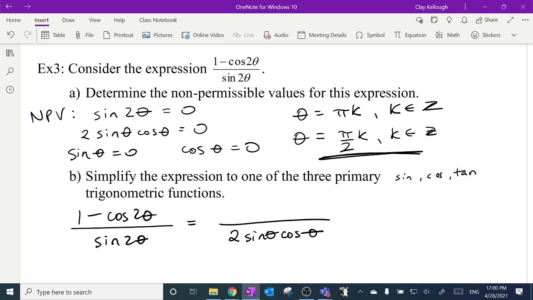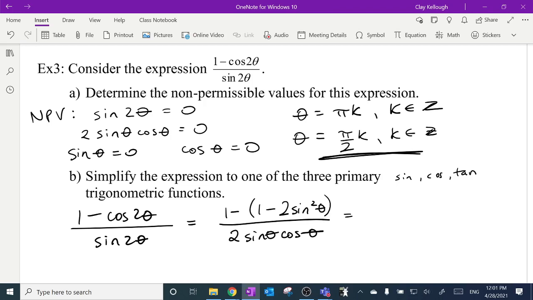I don't know that it matters. I'll pick the one that says this. I'll replace cos 2 theta with 1 minus 2 sine squared theta. And let's see what happens.